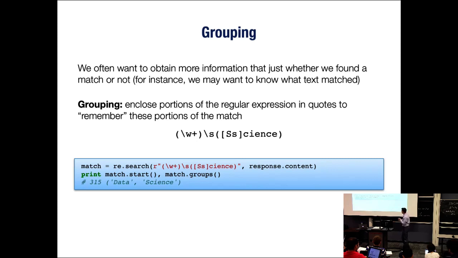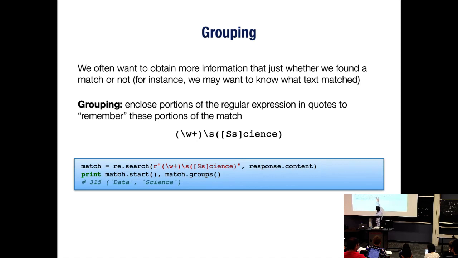All right? So if I run this query here, it is saying there's some alphanumeric term plus one space plus science, where science can be capitalized or not. I've surrounded the word that precedes science in brackets, and I've surrounded the word science in brackets.